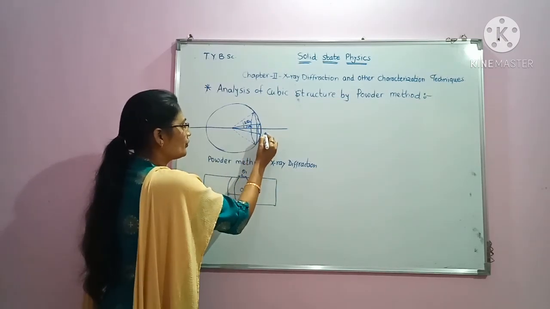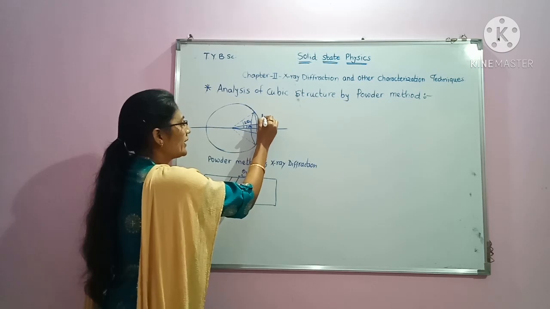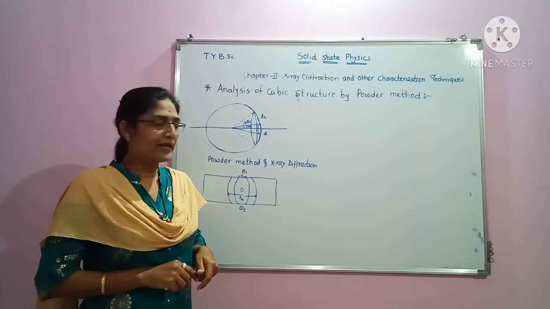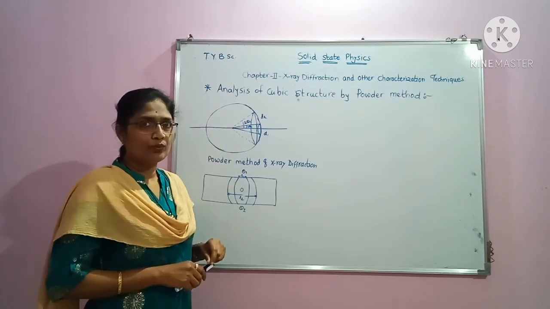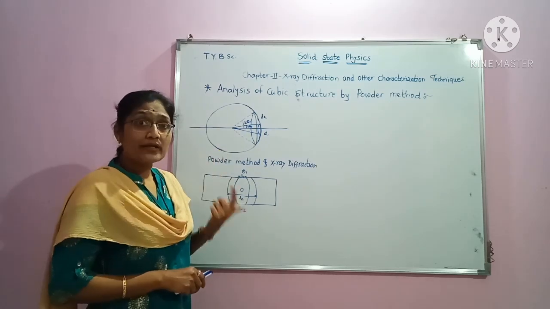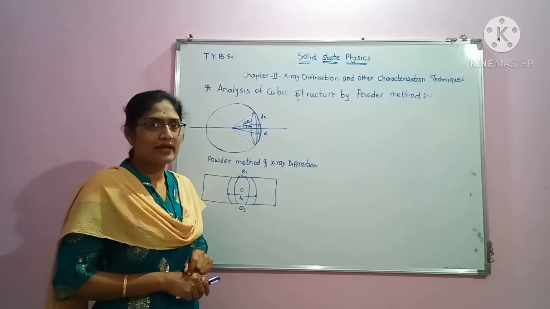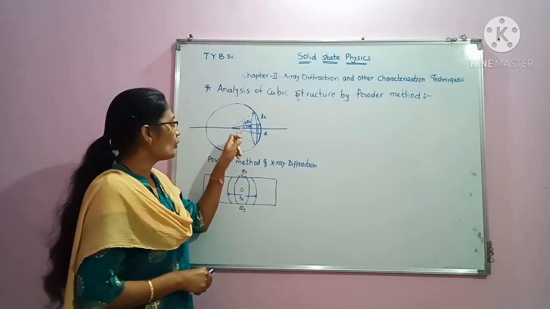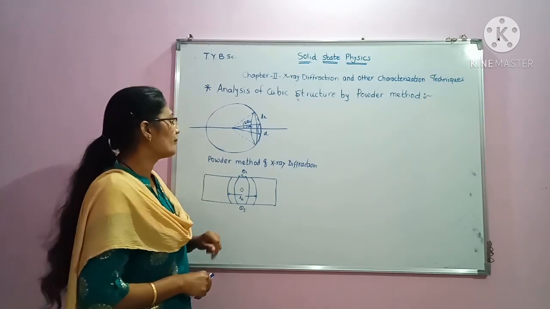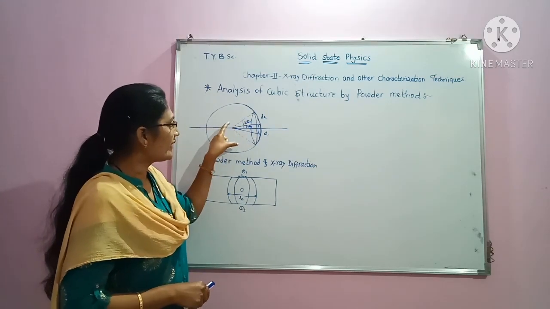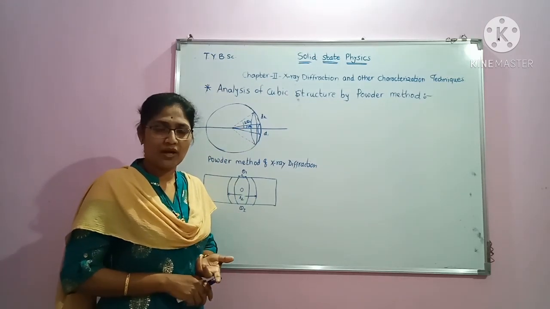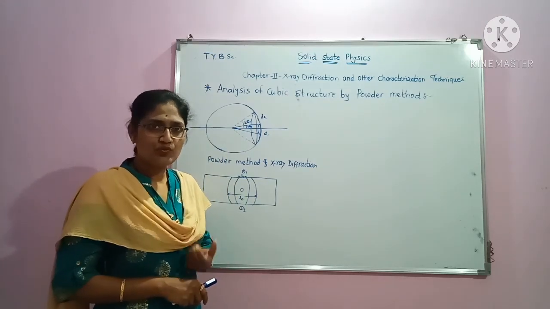That is, for theta 1 we will get d1, for theta 2 we will get d2, like that, and all orders are possible, and hence we will get such type of cone whose semi-vertical angle is given by twice the glancing angle. Here glancing angle is taken as theta 1. So semi-vertical angle becomes twice theta 1. Like that, we have obtained various such cones for different values of maxima, that is where Bragg's condition is fulfilled.